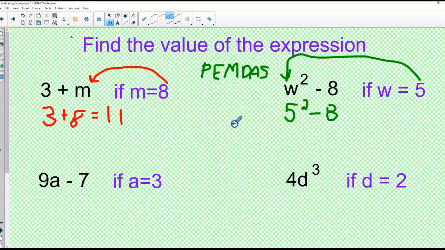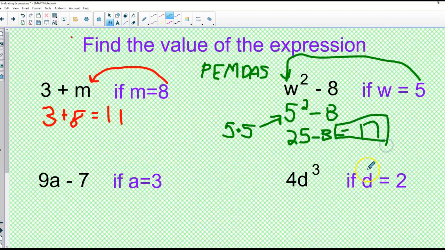This means 5 times 5. It means you have two 5s that you are multiplying together, right? And two 5s give us 25. So the only thing we have left is minus 8. And 25 minus 8 would give you an answer of 17 here. Okay? Again, all we did was plug it in and then use our order of operations if needed.